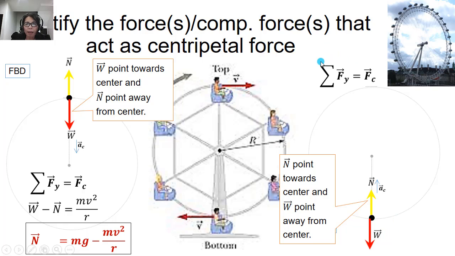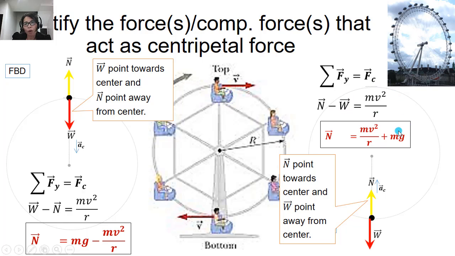So the summation of forces along the y-axis will be the net force, or our centripetal force. So we have N minus weight equal to mv squared over r. So we shift our weight to the right side. We have normal force is mv squared over r plus mg. So once again, at the top of the circle, we find out that our weight will be minus the centripetal force.